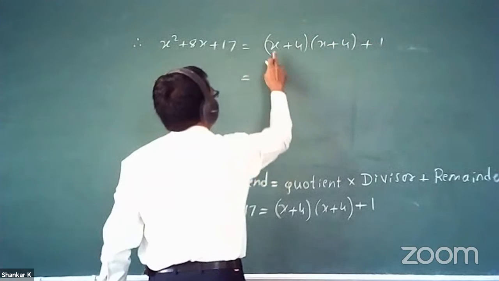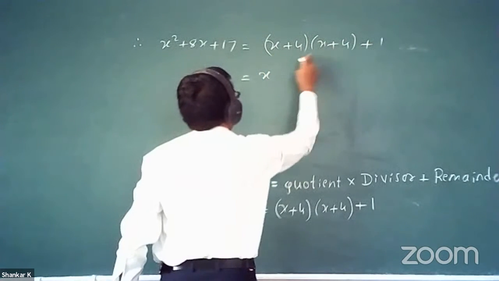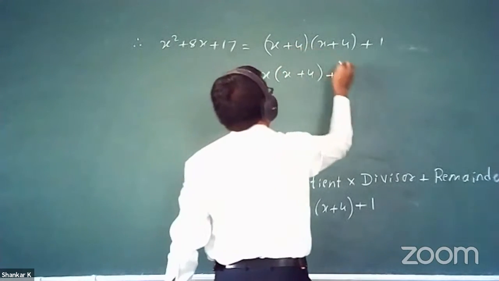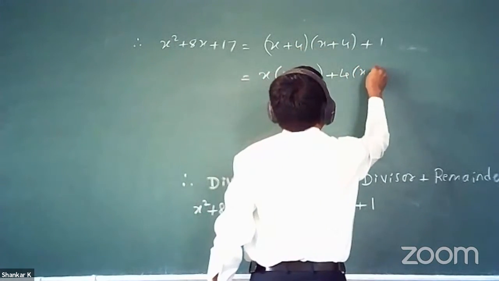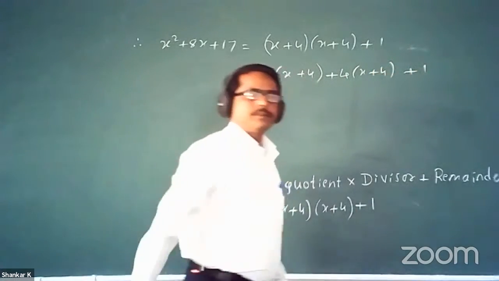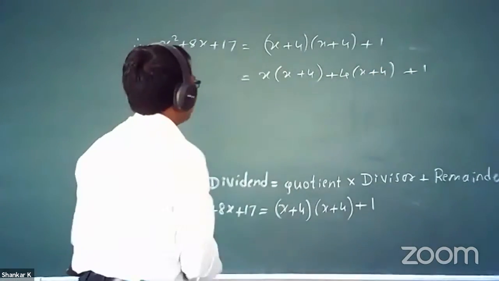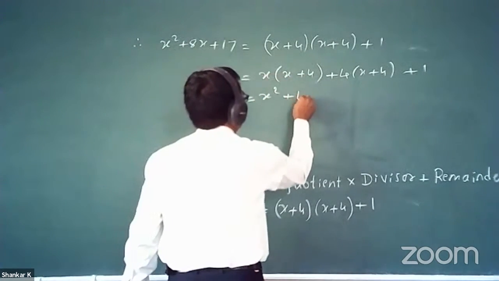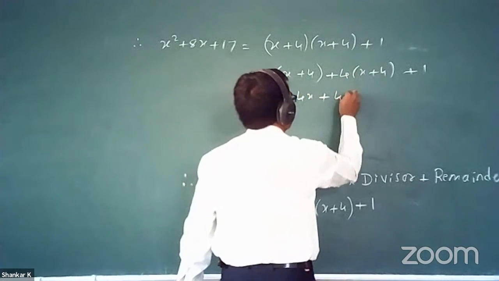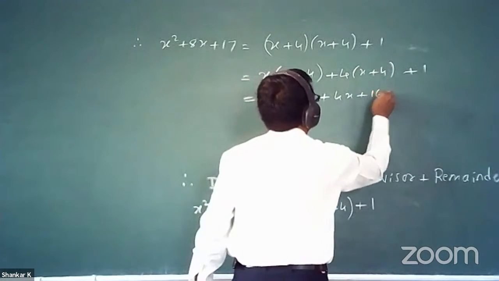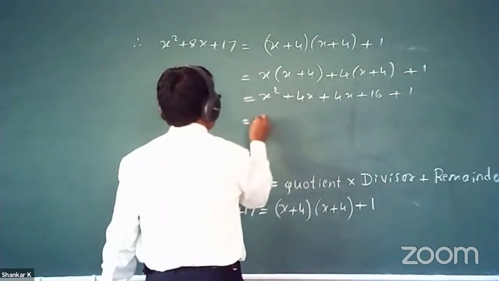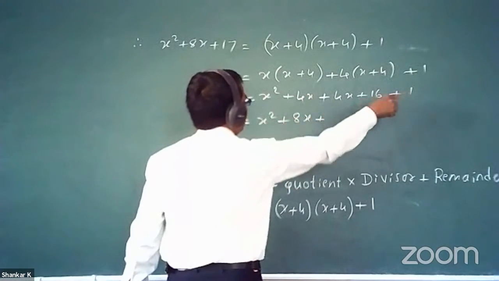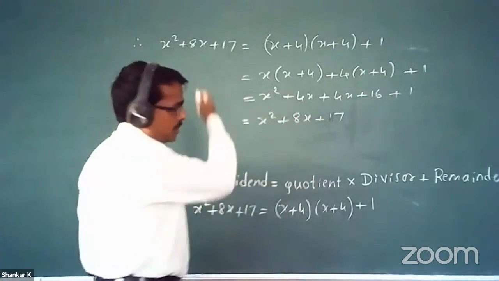You multiply here: the complete x plus 4 is multiplied by x, plus the 4 multiplied by x plus 4, plus 1. So x into x is x square, 4 into x is 4x, plus 4 into x is 4x, plus 4 into 4 is 16, and this plus 1. So this equals x square plus 8x plus 17. Just the same.